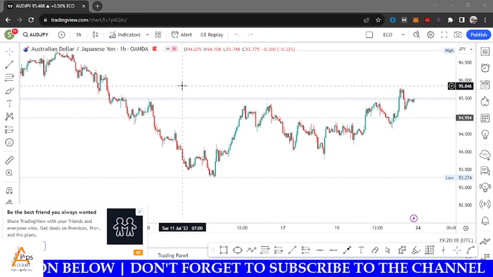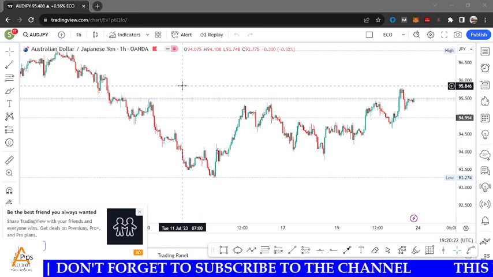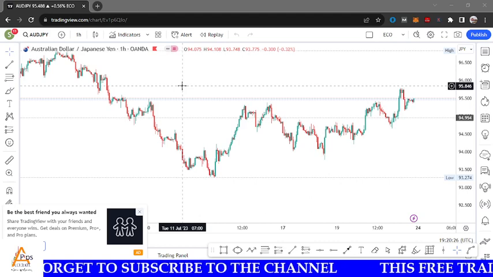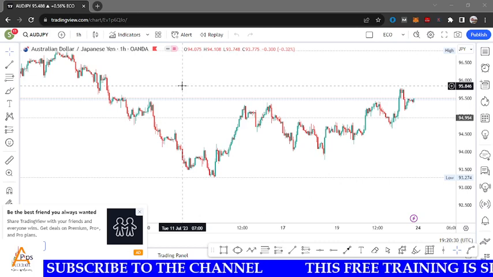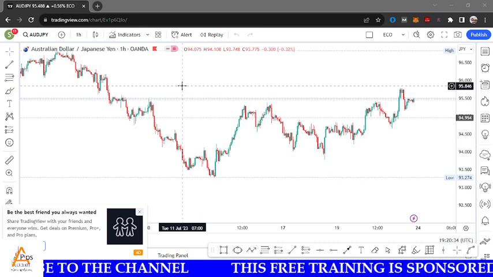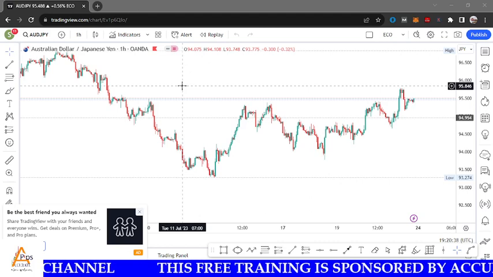That is why we learned valid and invalid pullback identification in the market. Rule number 3, identify the last valid buying momentum before the sell in the bearish trend.